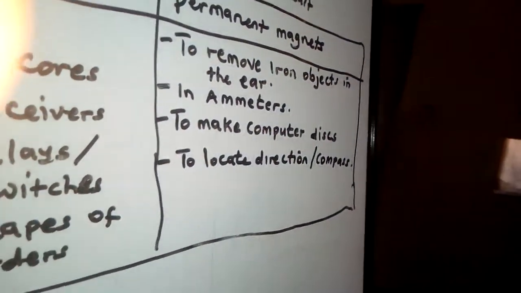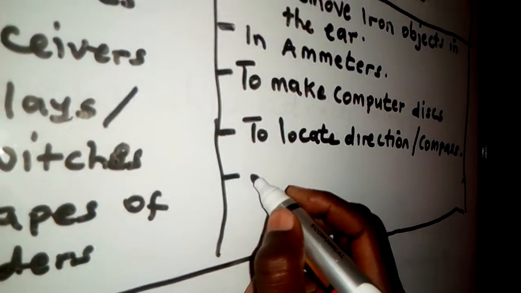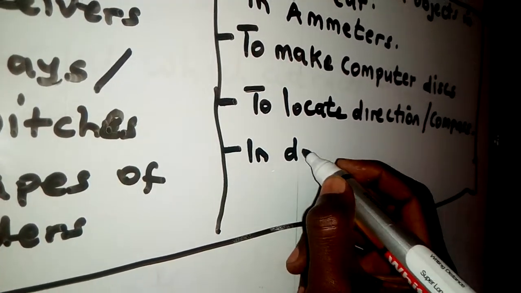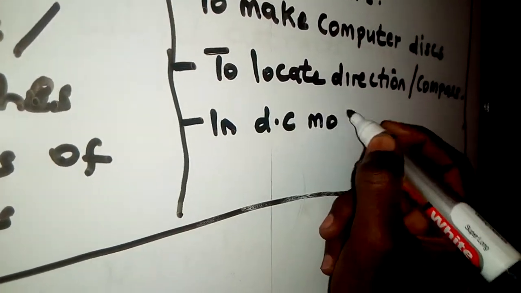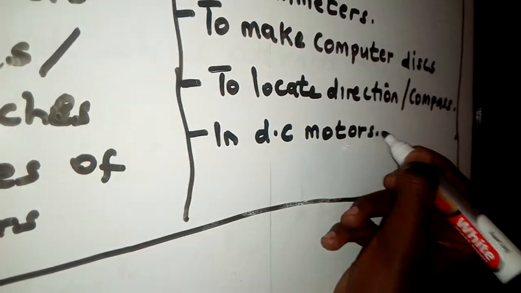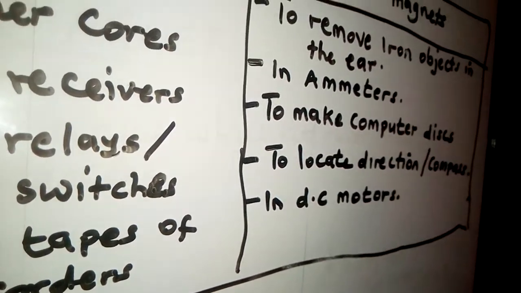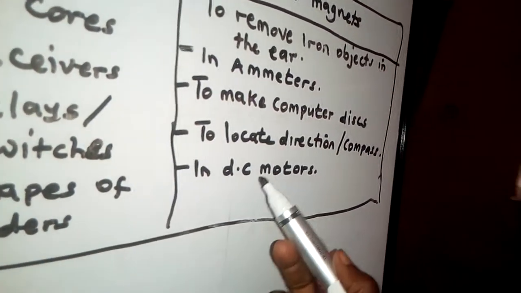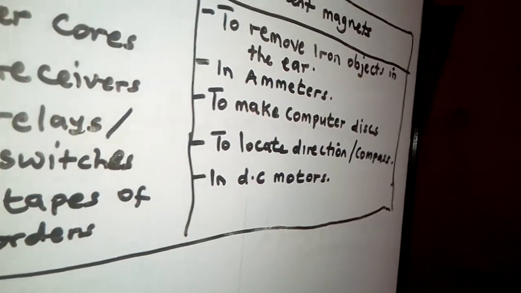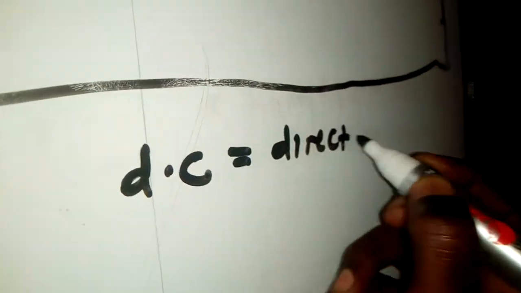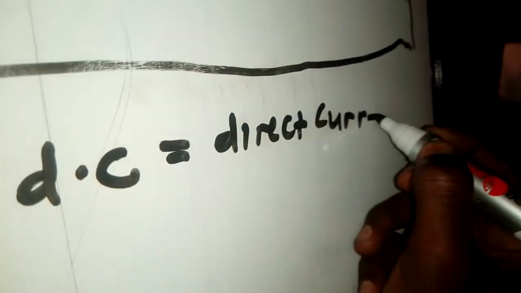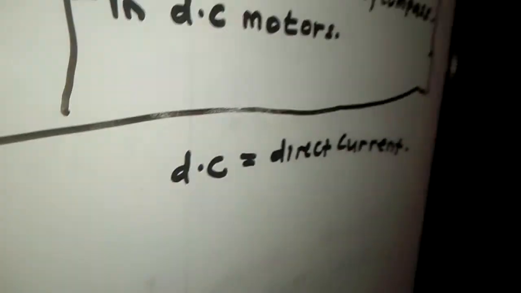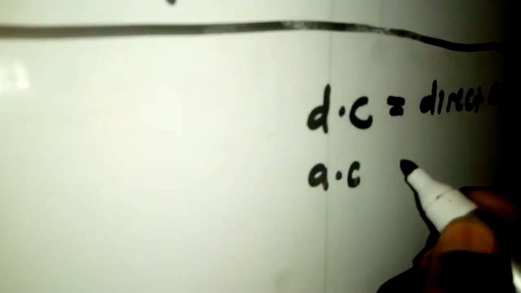We also use magnets in machines called DC motors. DC is not related to Washington DC in America, but DC here means direct current. There is also what we call AC.